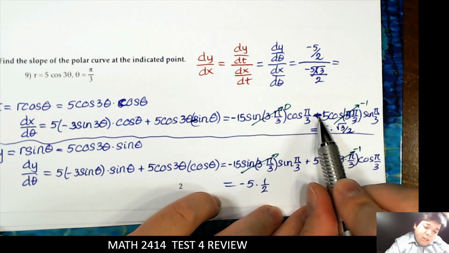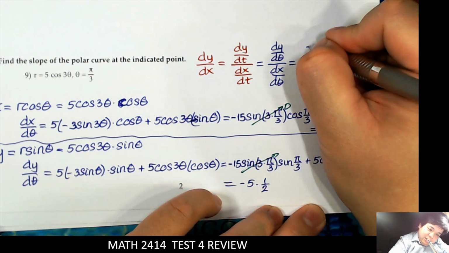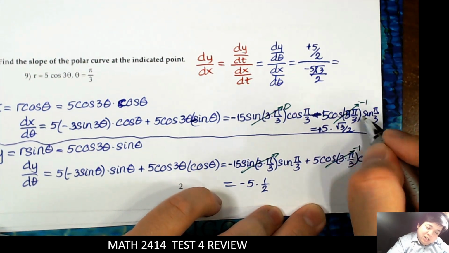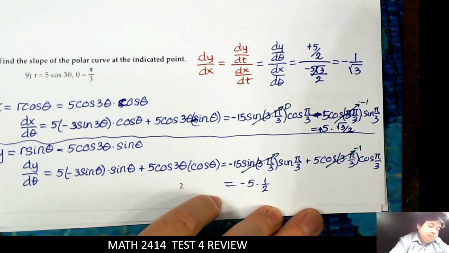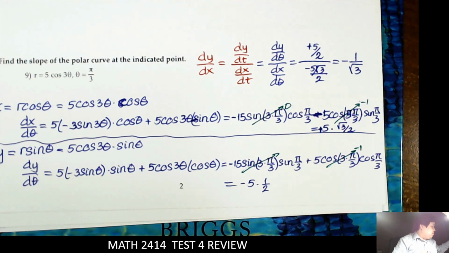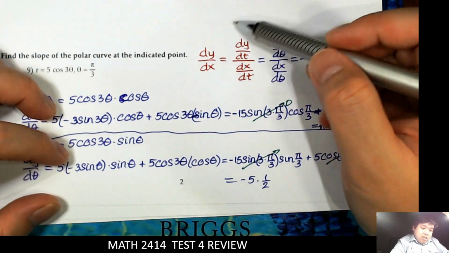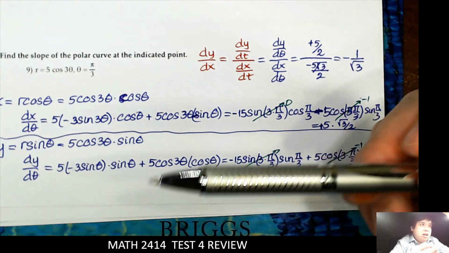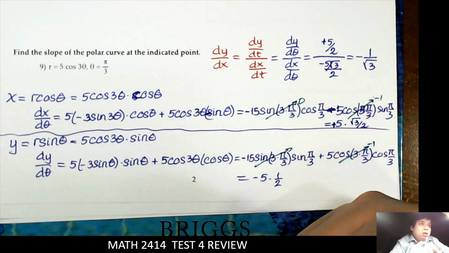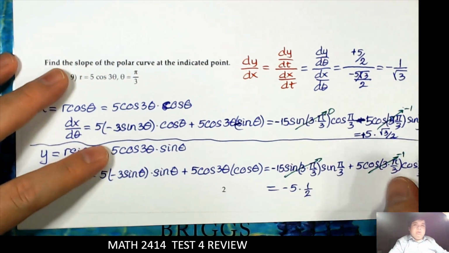Wait, this is negative with the negative, so that turned into a plus. It has negative 1, so this will be negative 1 over square root of 3, and that's what we have. Again, it's the same formula, but we write dy over d theta and dx over d theta, where x is r cosine and y is r sine, and then just take the derivative. It's pretty normal.